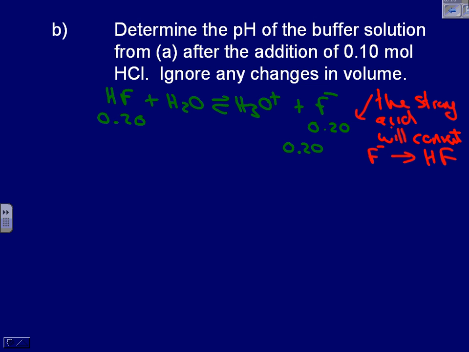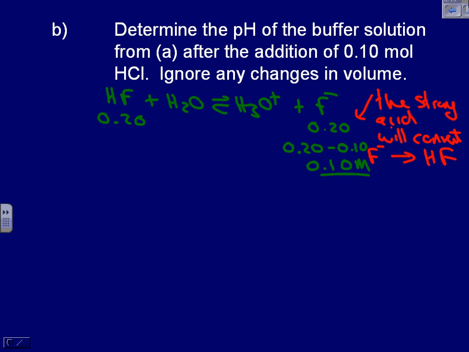There's 0.1 molar of the acid. The 0.1 molar of the acid is going to take away 0.1 molar minus 0.10. That's going to leave me with 0.10 molar of the conjugate base left.